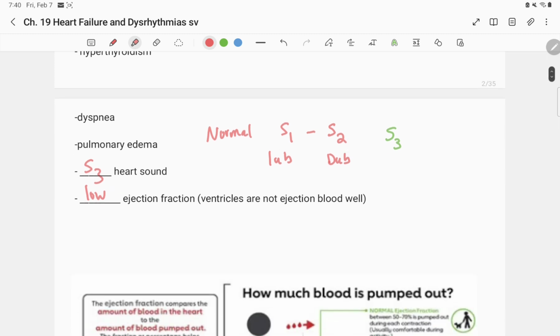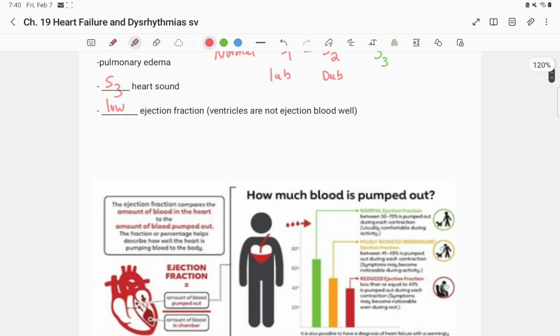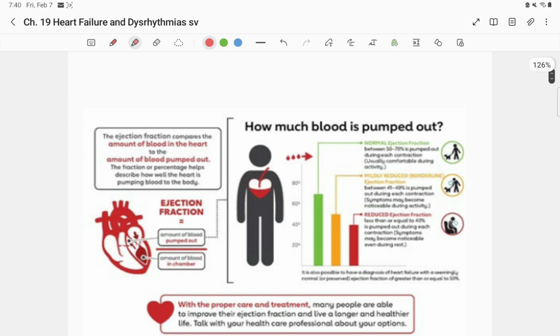This is where the ventricles are not ejecting blood very well. Now keep in mind the ventricles, when they squeeze, they eject blood. The right ventricle to the lungs and the left ventricle to the body. Okay, ejection fraction. You want to be in the green here. Okay, so this is good. This is normal to be in the green.